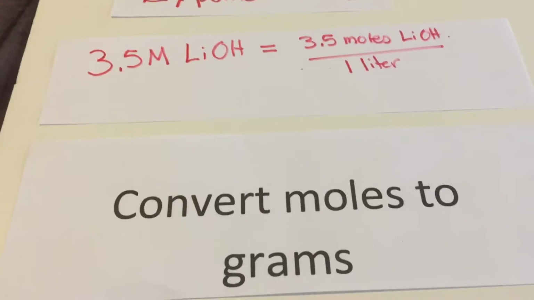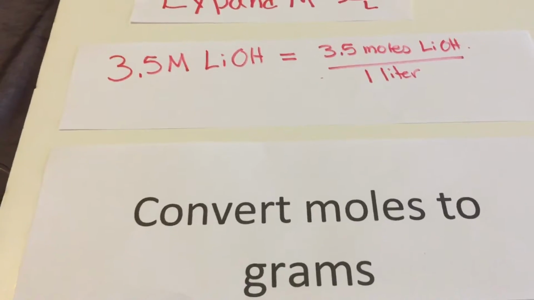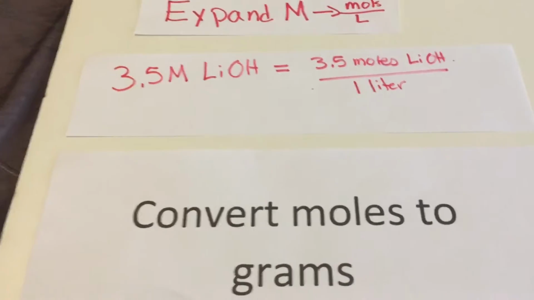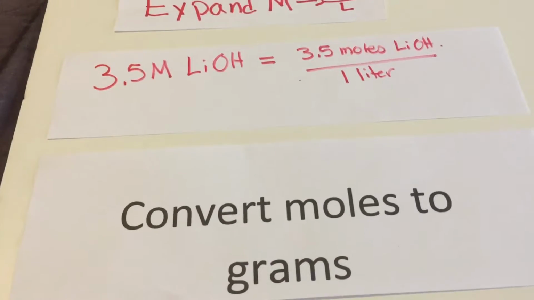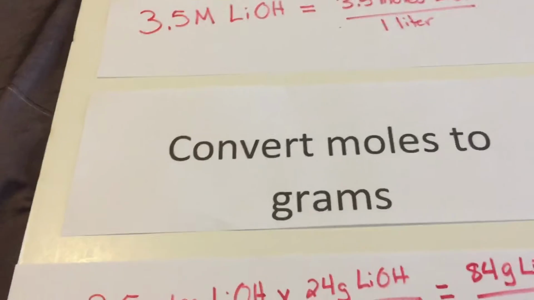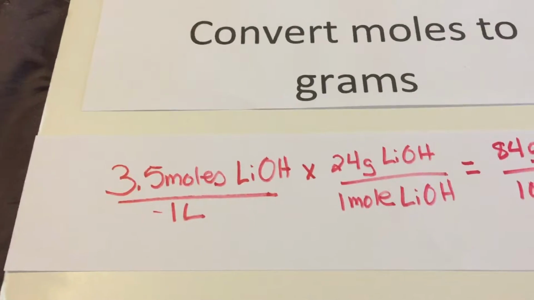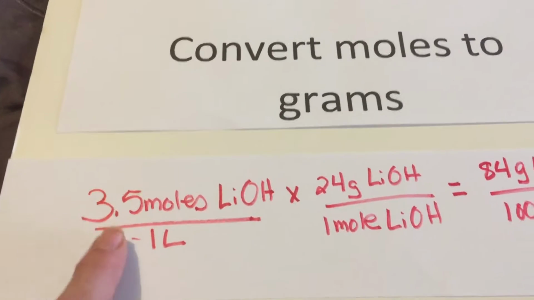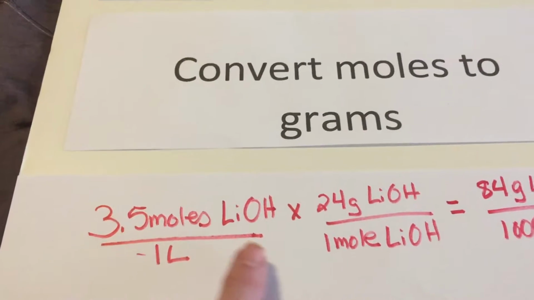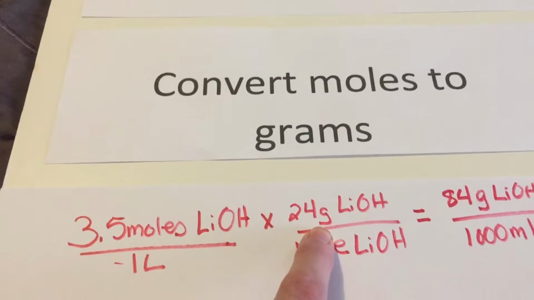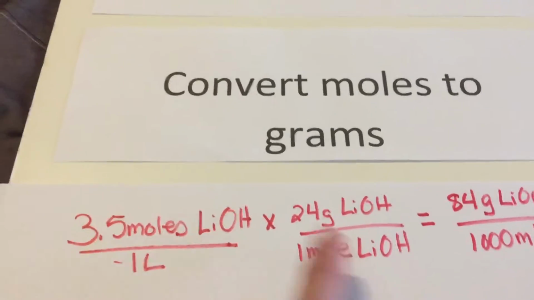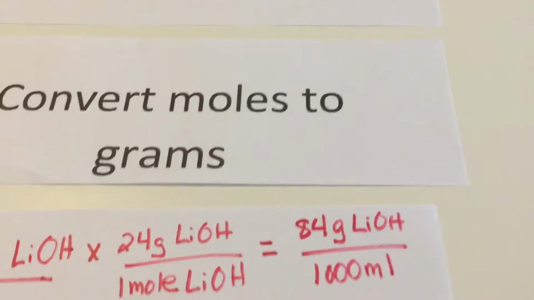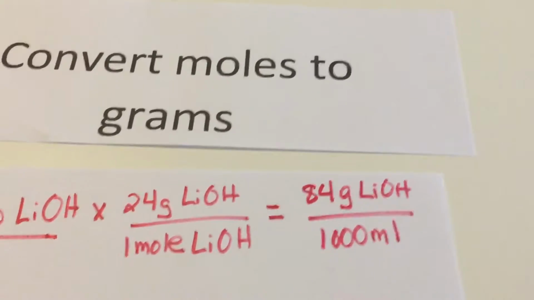Then we want to convert moles to grams, because now we have moles of lithium hydroxide, but we want to find out how many grams that is. So we multiply it by our molar mass. 3.5 moles of lithium hydroxide, multiplied by 24 grams over 1 mole. Moles cancel, and we get 84 grams of lithium hydroxide in 1,000 milliliters.